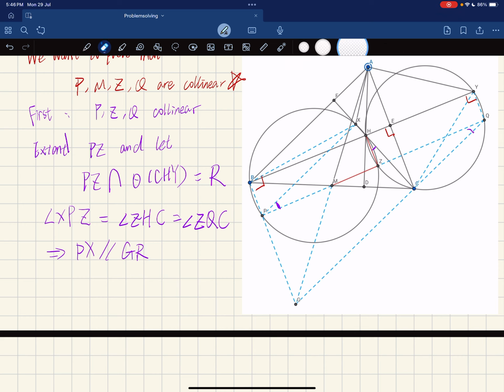Oh no, I wrote it wrong. That is angle ZRC, right? Because it's just a supposed point.